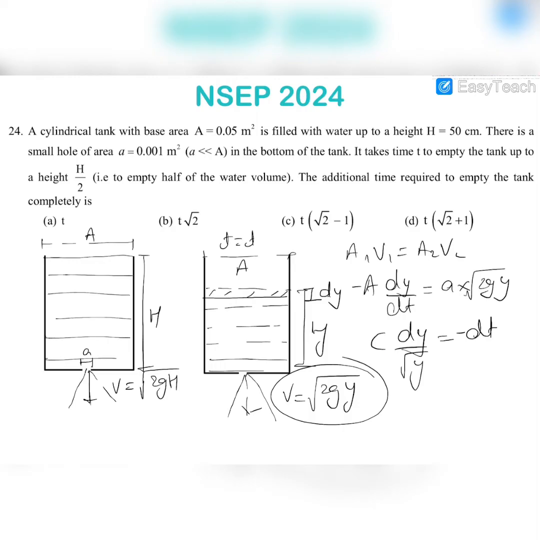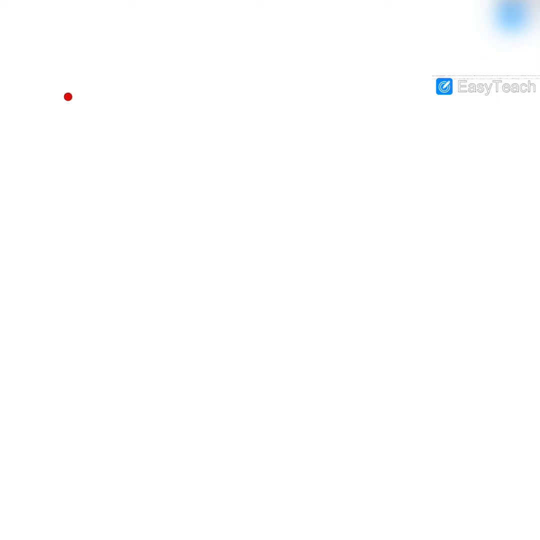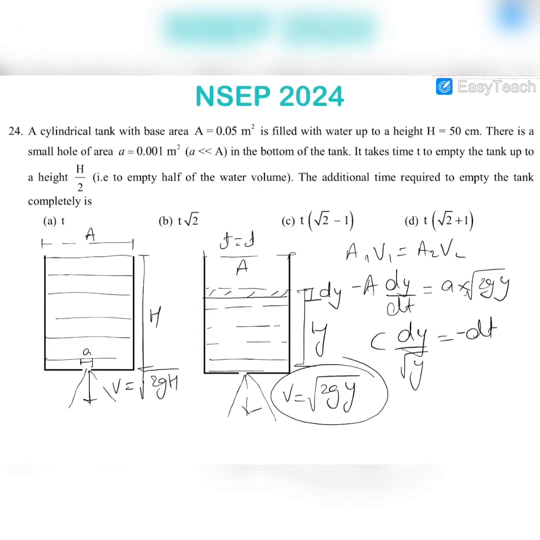So now you can see that the integration will be C into 2 root y, and the limit will be from h to y, and this is minus t. And by that minus sign we can interchange the limit, and t will be equal to 2C into root of h minus root of y.